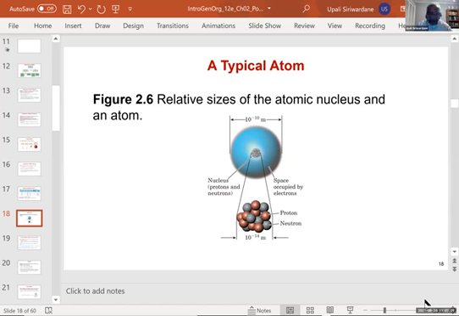The nucleus has a higher density. Most of the mass is in the nucleus. There is a lot of space that the electron occupies around the atom. Therefore, most of the mass is within the nucleus. The electrons contribute very little mass to the mass of the atom.